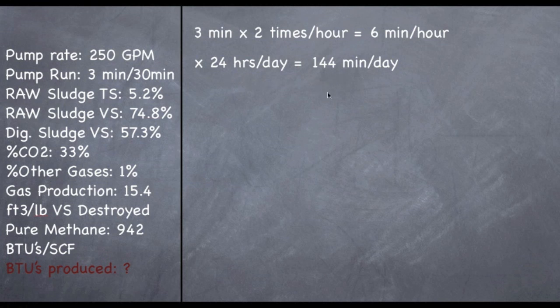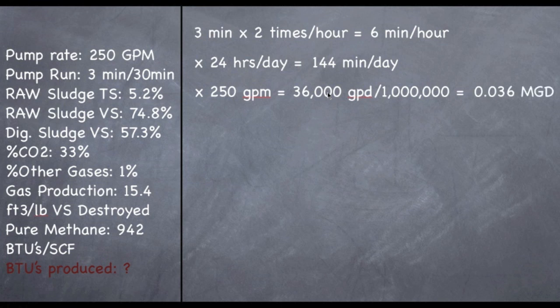Now this pump runs at 250 gallons per minute. So our total gallons per day is 250 times 144, which equals about 36,000 gallons per day. So let's divide that by 1,000,000 so that we can get this into MGD, which makes it easier for us to do our pounds formula.